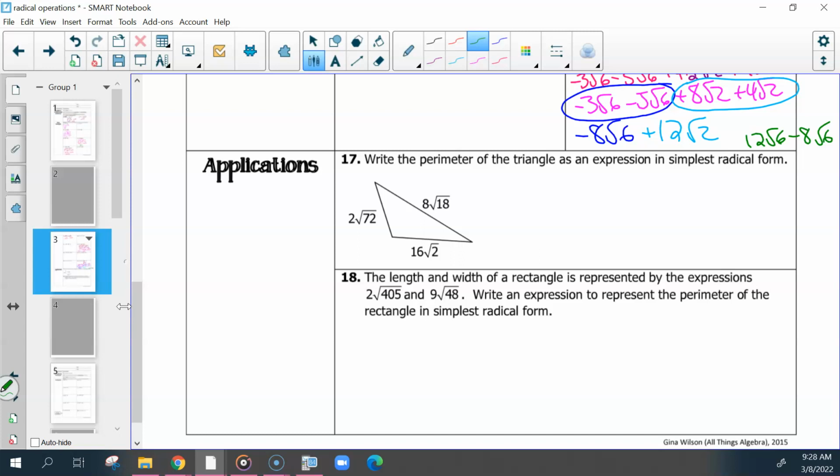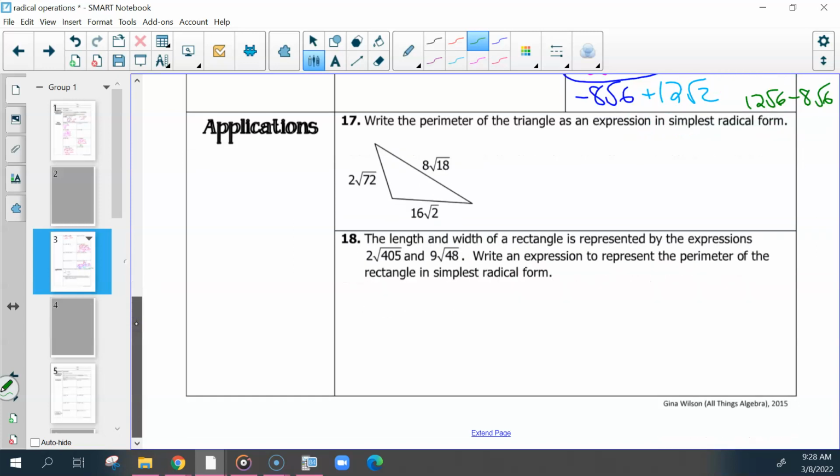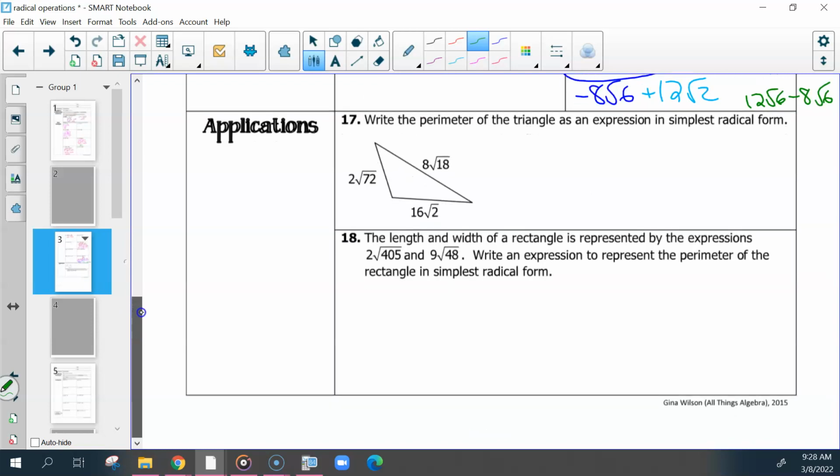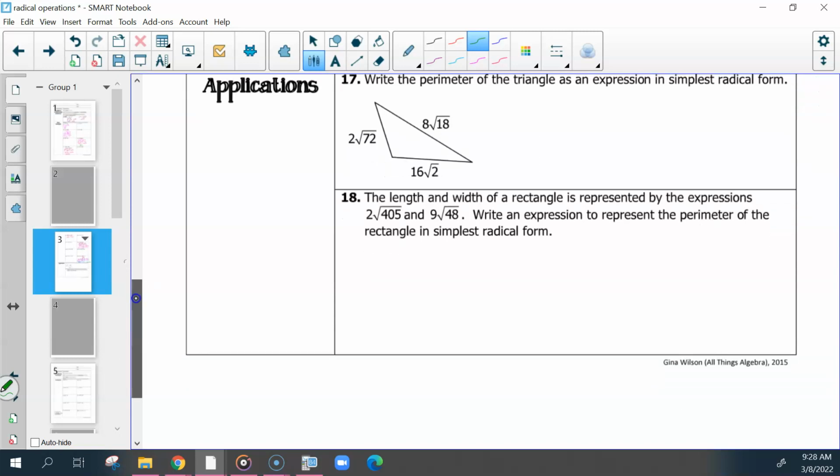Okay, so both of these are really the same thing. One is just a triangle, one is a rectangle. With perimeter, how do we find perimeter of anything? Add up all the sides. So if you're given the perimeter of a triangle, you would add up all of these, simplify them first, and then figure out what that is. Same thing for 18, but because they're talking about a rectangle, you have to remember a couple things.